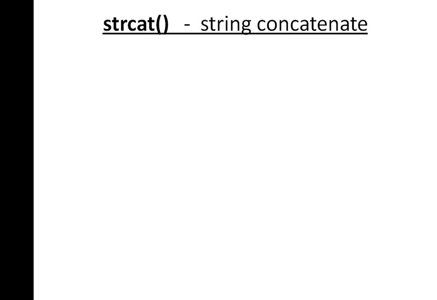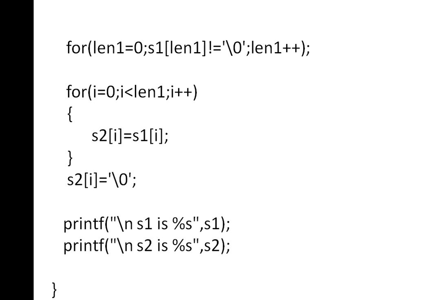Yes, and next just have a look. What we did: first we read the string input for s1, then we calculated the length of s1. Whatever the length is, that much I am going to copy. So s1 of 0 goes to s2 of 0, s1 of 1 goes to s2 of 1, s1 of 2 goes to s2 of 2, up to just before slash 0 you are going to copy.